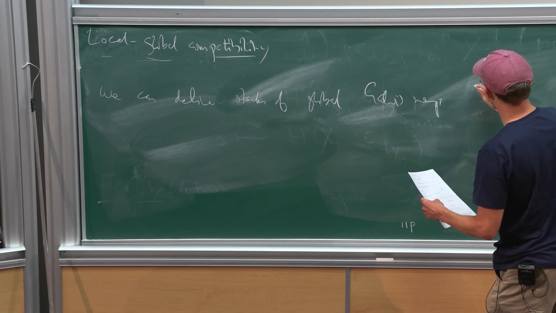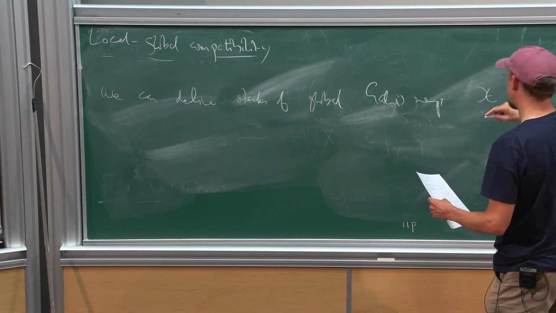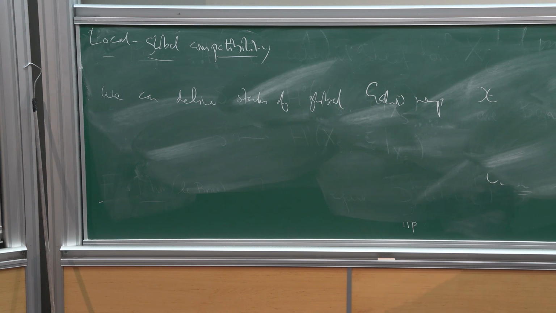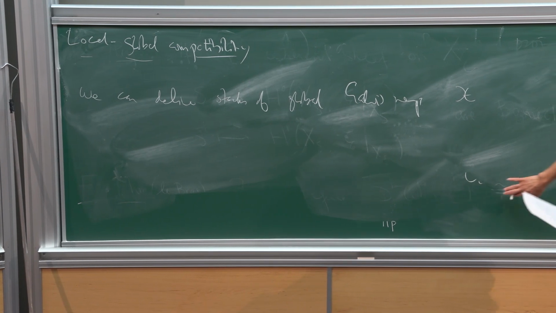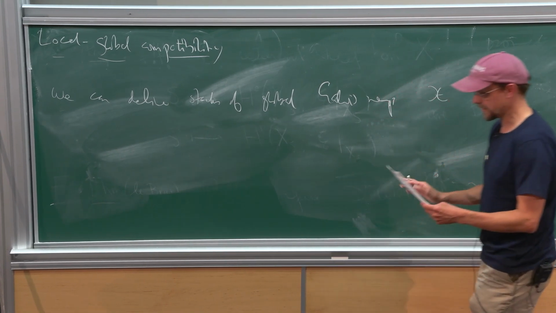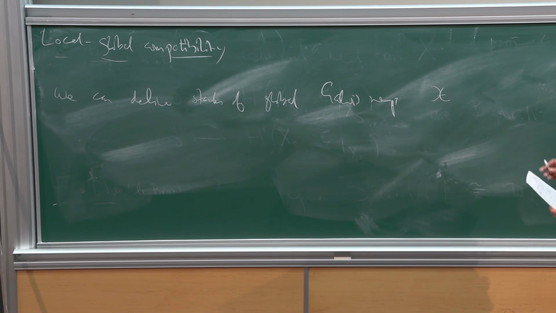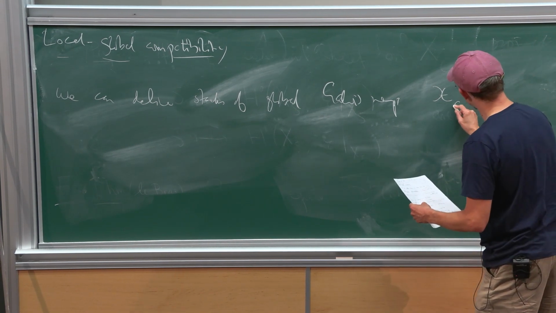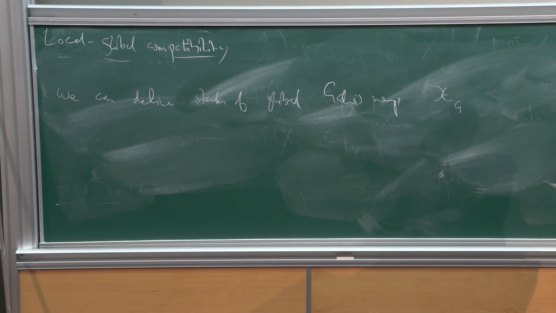The stack is going to be X, just a calligraphic X. There's no relation to the various font choices in the previous talk, because thankfully, I don't need more than one font. Otherwise, I'd be in big trouble. And then we're going to label it with a G. So G is going to be a choice of group.